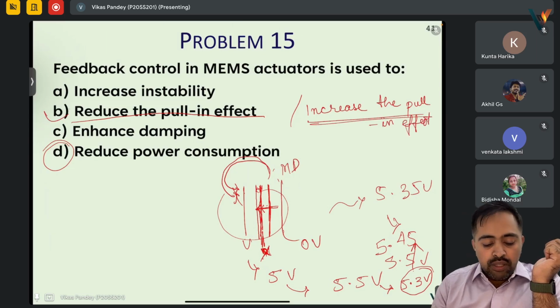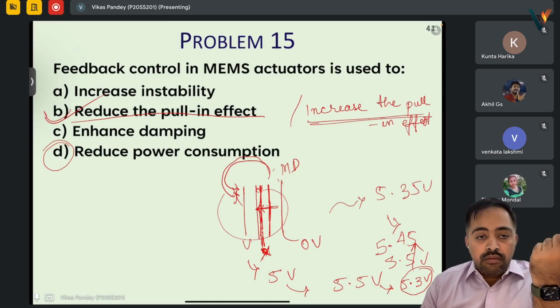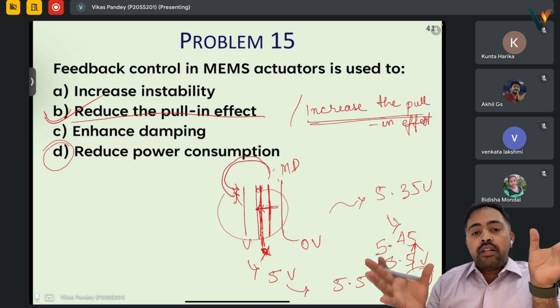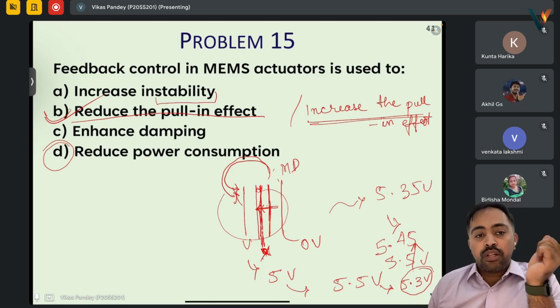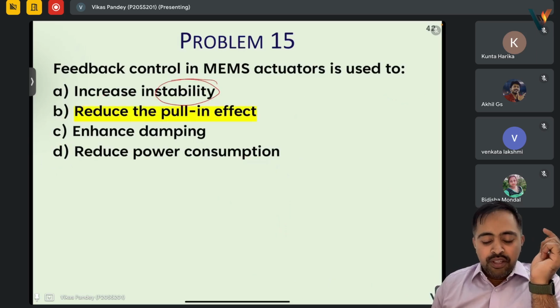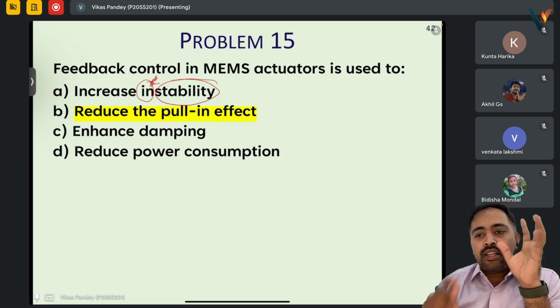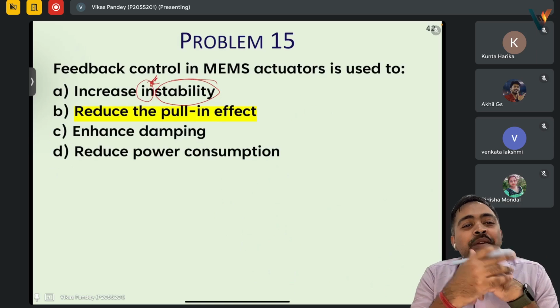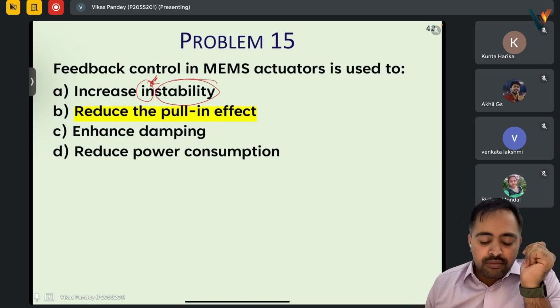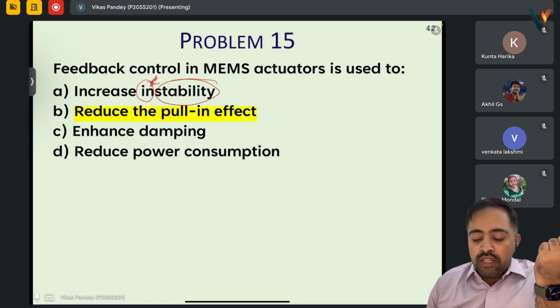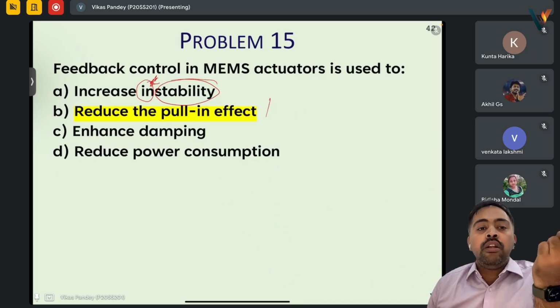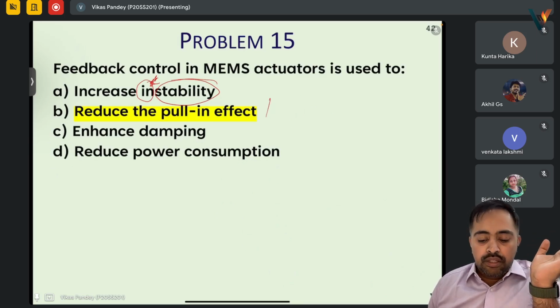So we should go with option B. And a combination of these two will increase stability, not instability. So you didn't fall into the trap of the word instability. So the correct answer is to reduce the pull-in effect as well as to increase the pull-in effect. Both will be there, and increasing the stability.